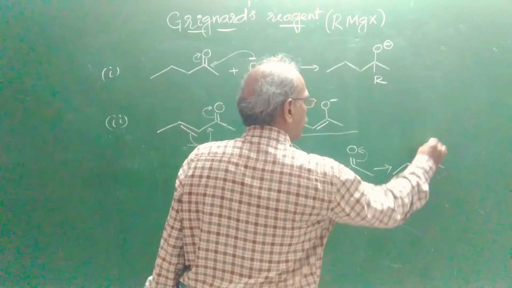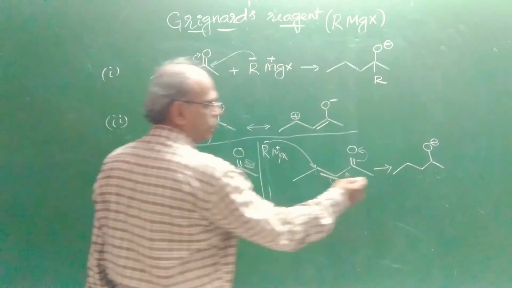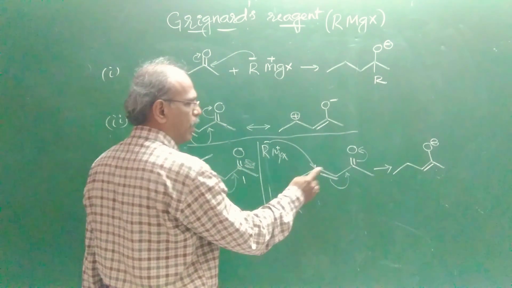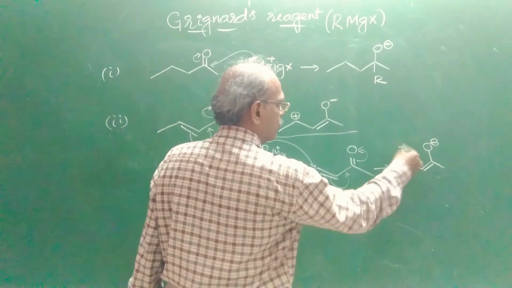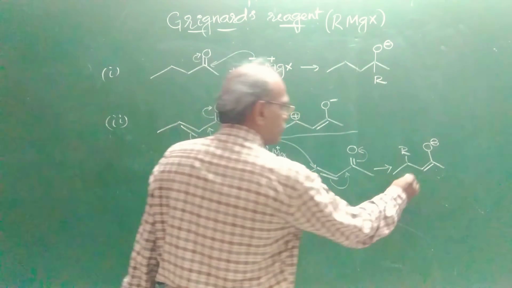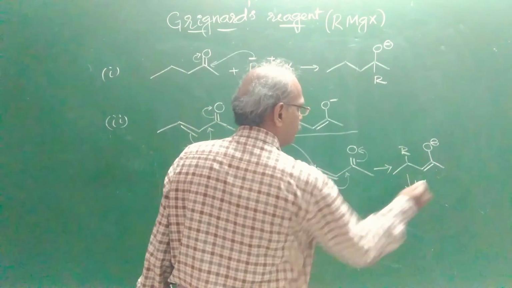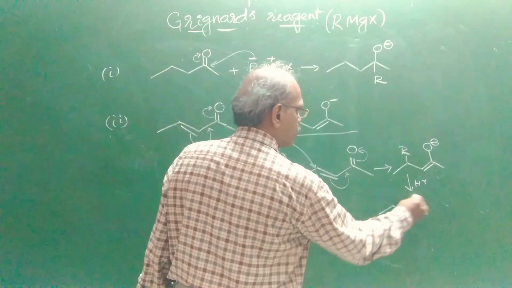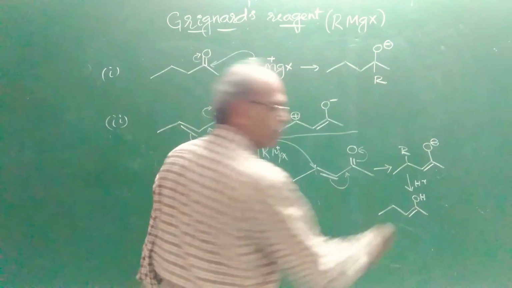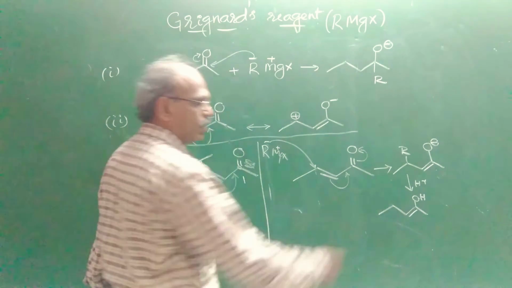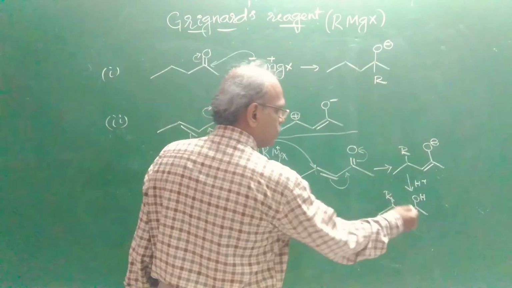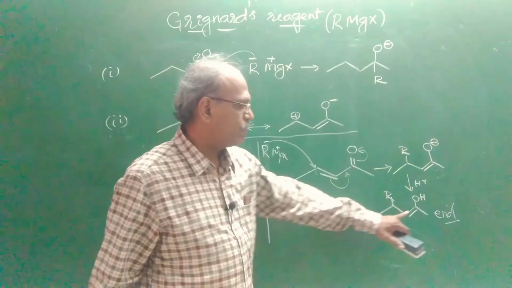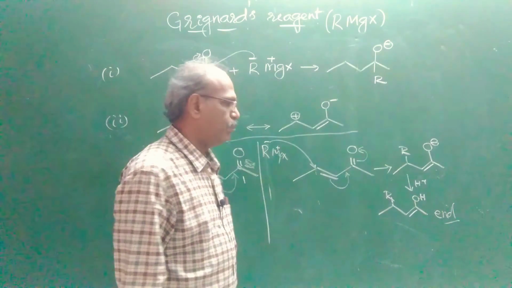Here single bond O minus, here double bond, here single bond, and R is bonded to this. This on acidification, see the product, it is OH, here double bond, here R. See, this is an enol. OH is present on the double bonded carbon.